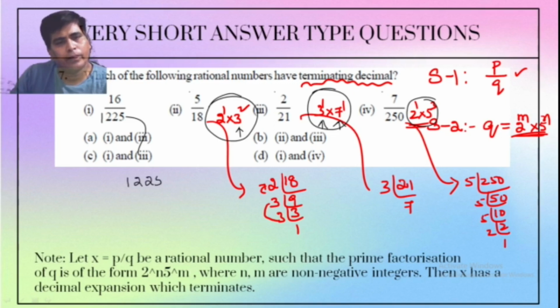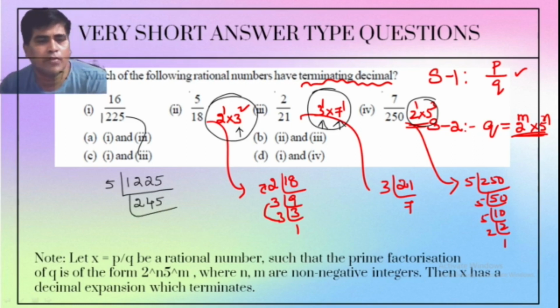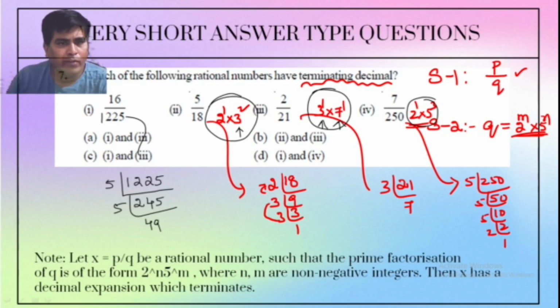1225. Definitely this number ends with 5, definitely it goes by 5 table. 5 twos are 10, 2 left out, 22, 5 fours are 20, again 2 left out. Again definitely it goes by 5 table only. Why? Because this number has unit digit 5. So 5 fours are 20, 4 left out. 5 nines are 45.